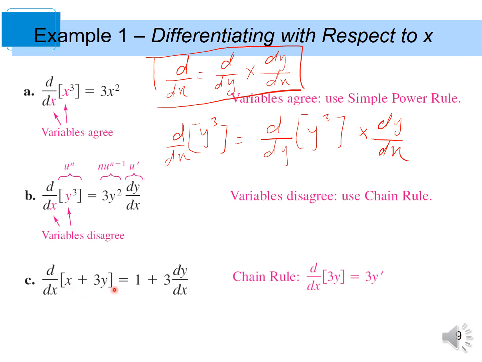The main function is in sum or difference form, so we straight away differentiate. We differentiate the x with respect to x, we have 1. Then to differentiate the 3y, we use constant multiple rule. 3 will remain, and we differentiate y with respect to y times dy dx. So we have 3 times 1 times dy dx.